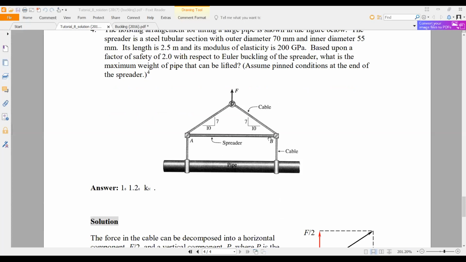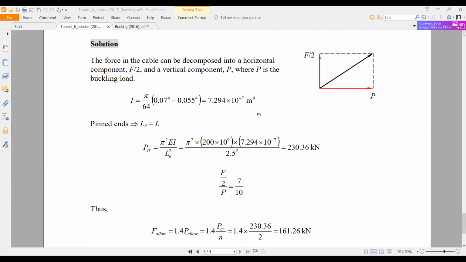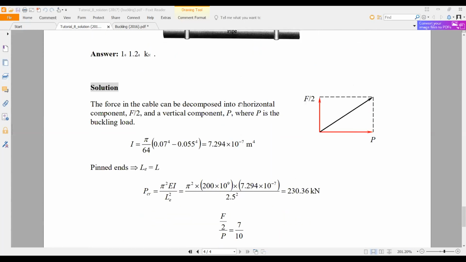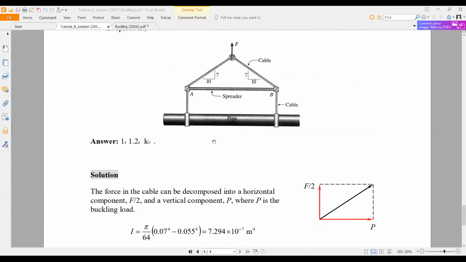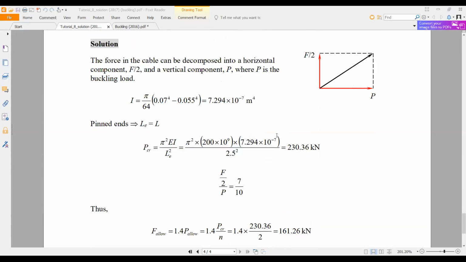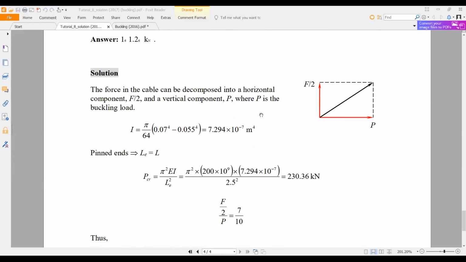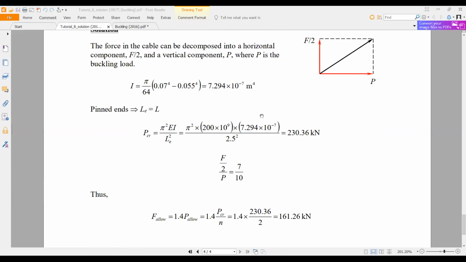In here I think this one will be buckled. I didn't read it anyway. Even though in this kind of question the calculation is very little, thinkability is the higher thing, the critical thing in here, not the calculations.